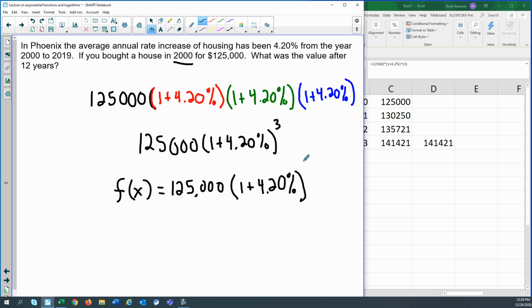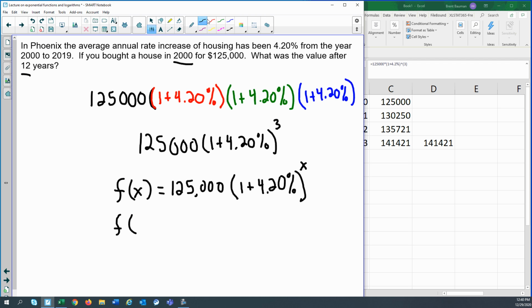And now the exponent here, we can use x or we could use t since we're talking about years. Whatever you're comfortable with. If I just keep the notation the same we've been using, since we used an x over here, we could use x there. And this would be our exponential equation to represent this situation, where you have an initial price, it's increasing at a rate each year, and now we are going to find f of 12.